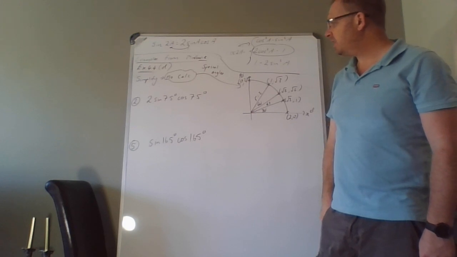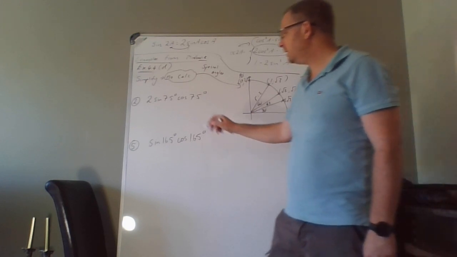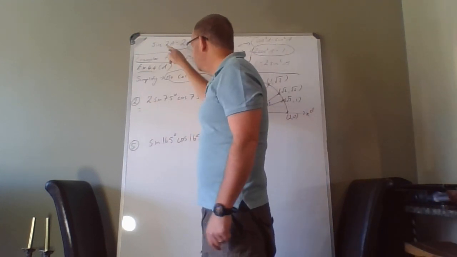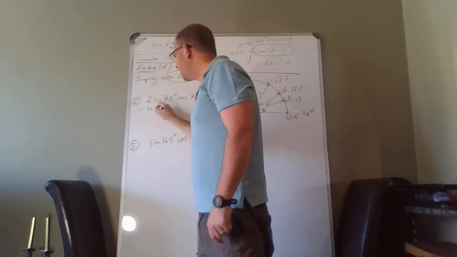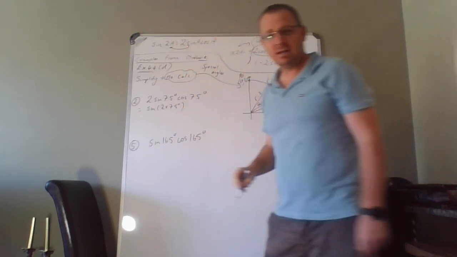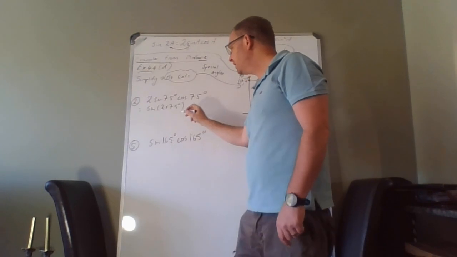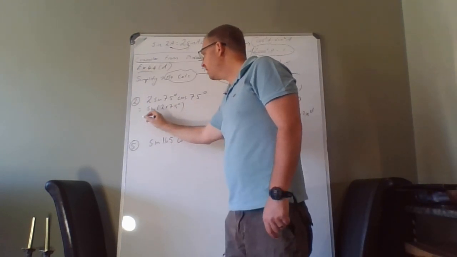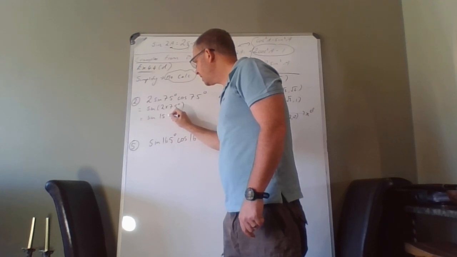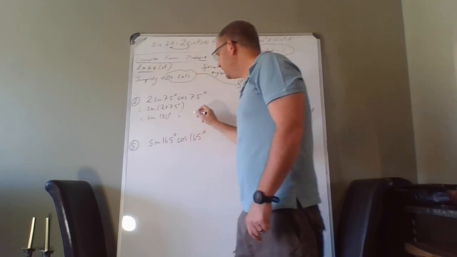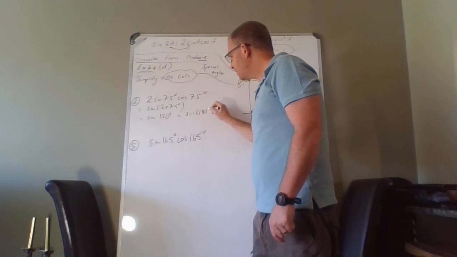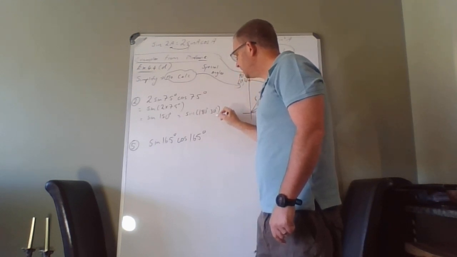So 2 sine 75 cos 75 is going to be equal to sine double whatever that angle is. So it's sine of 2 times your angle. And sine of 2 times 75 is sine of 150 degrees. And sine of 150 is the same thing as sine of 180 minus 30 degrees.